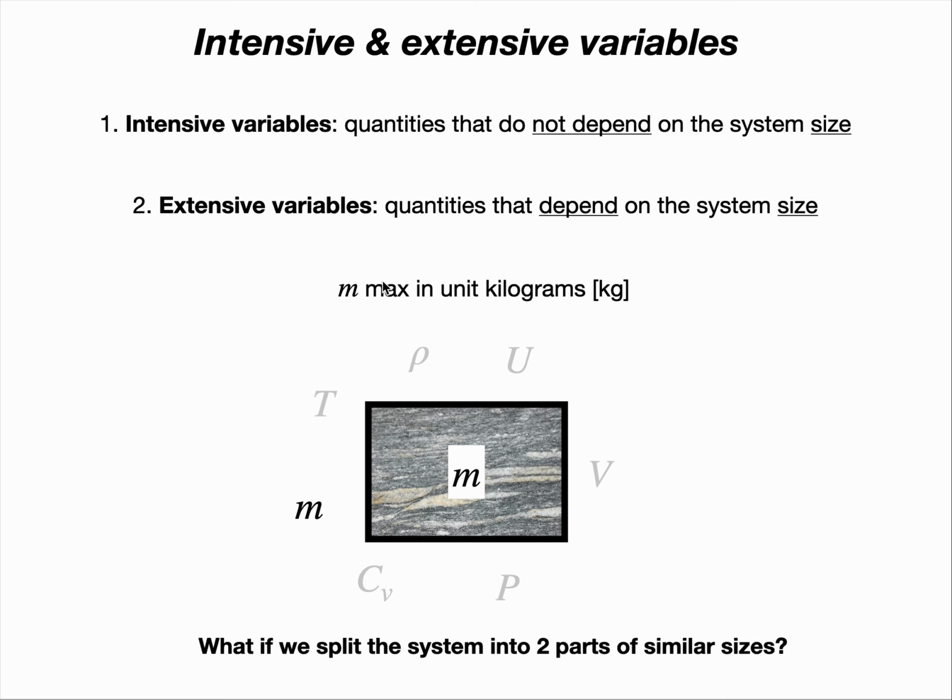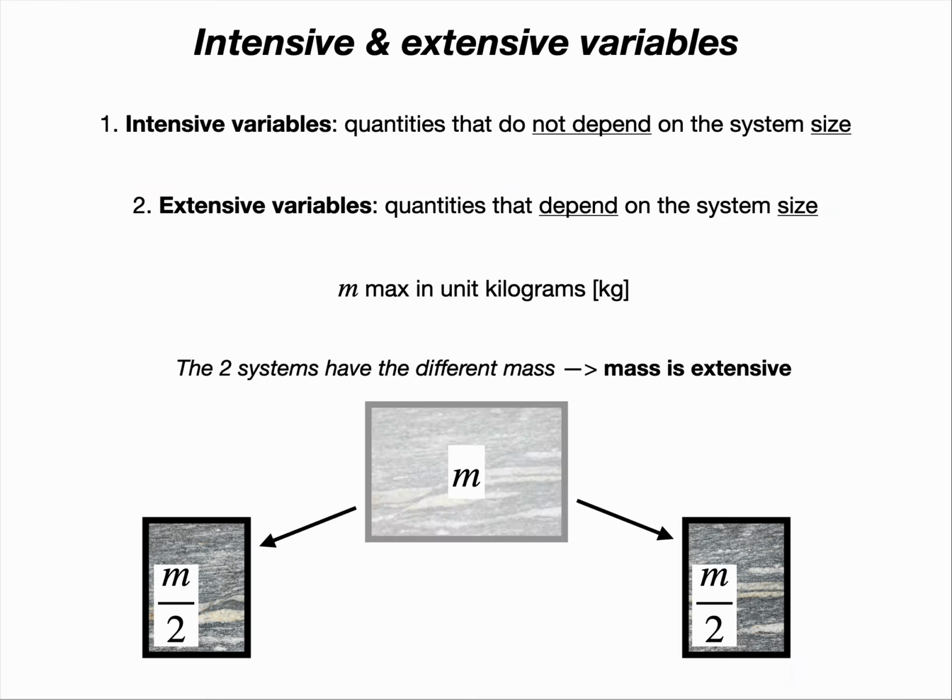The mass is in unit kilograms. And the question is: is this mass intensive or extensive? What if we split the rock into two similar parts? You see that the mass will be divided by 2, because we divide the system into 2 parts. So this means that the mass is an extensive quantity.